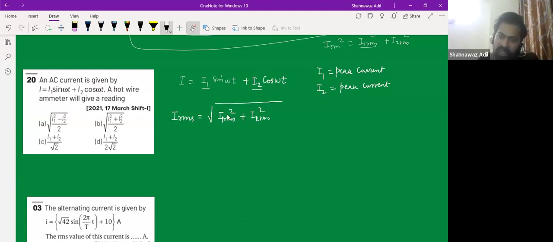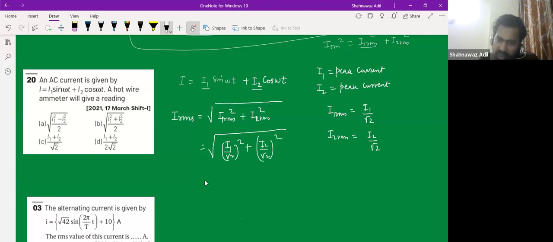If we calculate, I1 RMS would be I1 by root 2, and I2 RMS would be I2 by root 2. So what would we have in here? The root of I1 by root 2 whole square plus I2 by root 2 whole square.